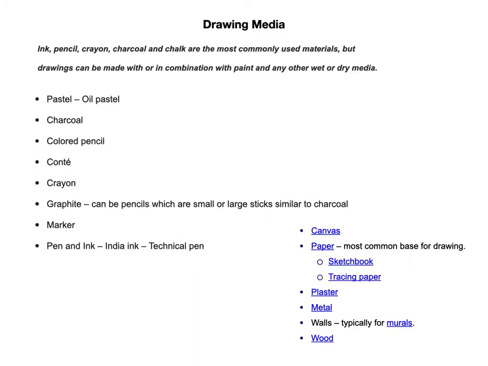Drawing media in this case means the stuff we use to draw, and the list here is pastel, so it can be chalk or it can be oil pastel, literally made out of pure pigments added to a binder of some sort. Charcoal, which is carefully burnt wood.